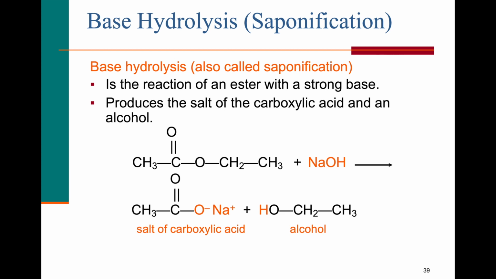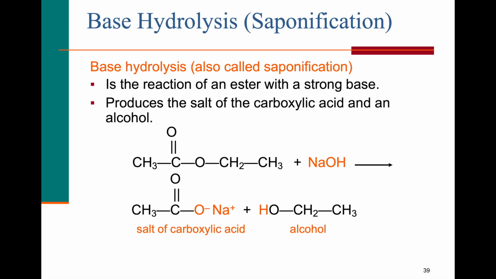Base hydrolysis is one that we will actually look at possibly next week or so. And it also goes by the name of saponification. So you have an ester, which is then reacted with a strong base such as sodium hydroxide, and it will form the salt of a carboxylic acid and also an alcohol.